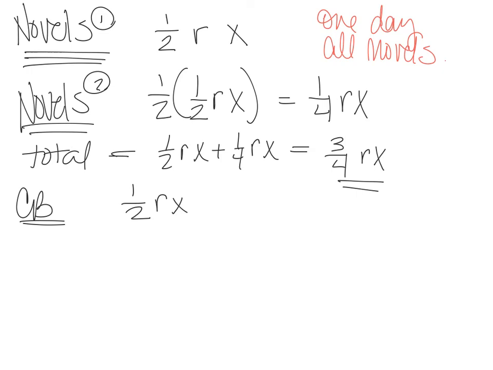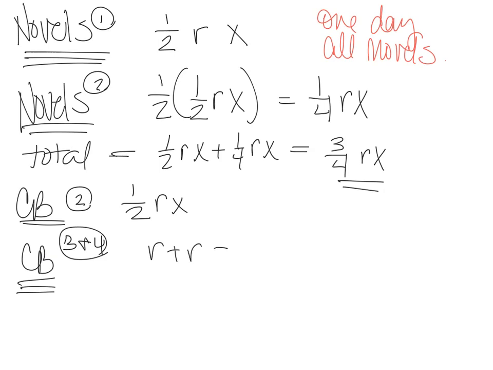The number of copies of cookbooks printed in 2 days by one printing press. So this was day 2, and this would be day 3 and 4. Cookbooks. We did R plus R, which is 2R.